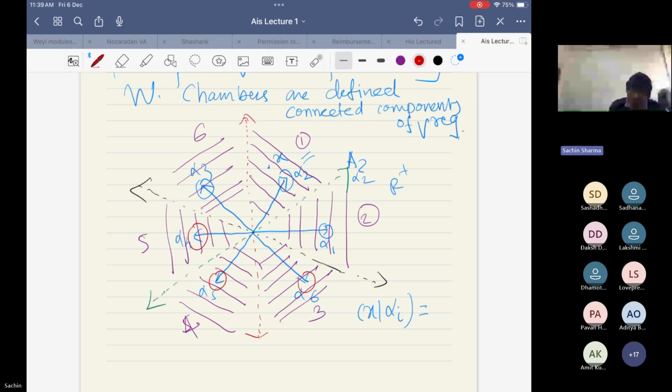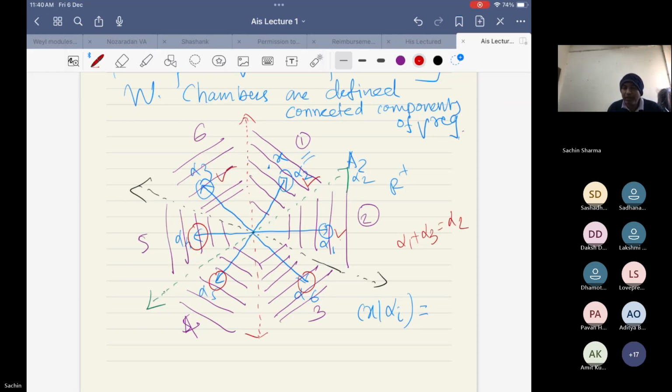Among these 3 roots, please answer which root is decomposable. Alpha 2. Very good. Alpha 2 is decomposable because alpha 1 plus alpha 3 is nothing but alpha 2.